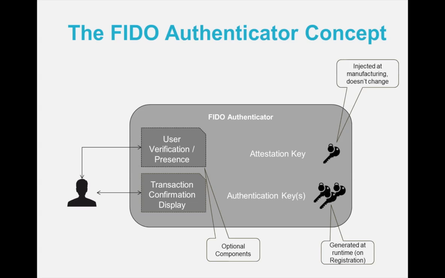And a user presence check would, for example, be something like pressing a button, which malware could not do, but only users could do. It doesn't allow you to understand which user pressed the button, but at least it allows you to understand that some user was present at the device, and it's not just malware doing a transaction silently.